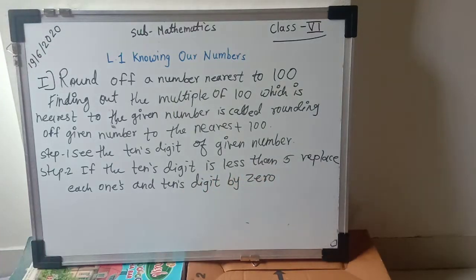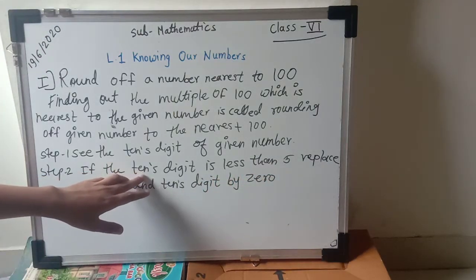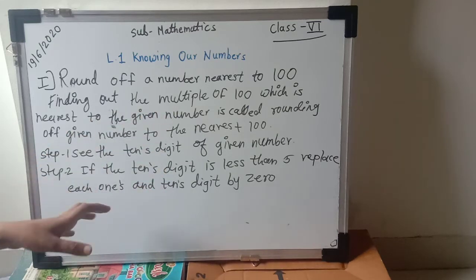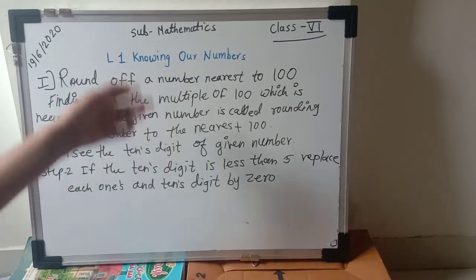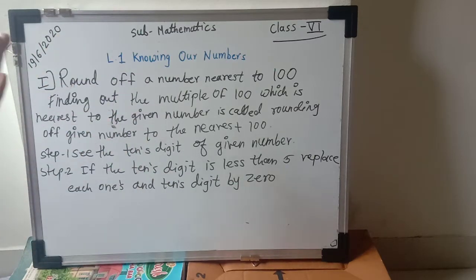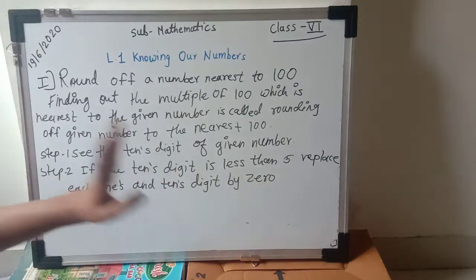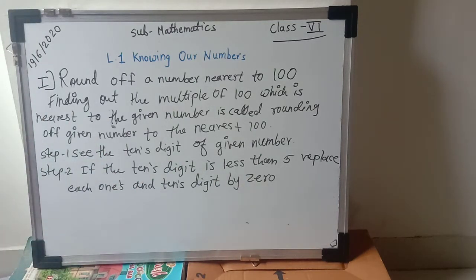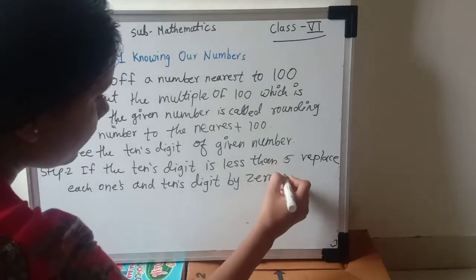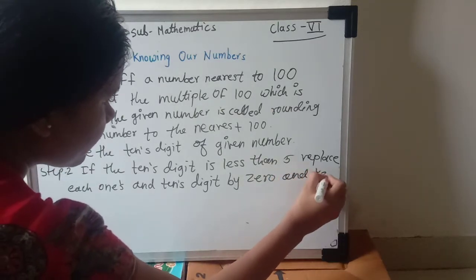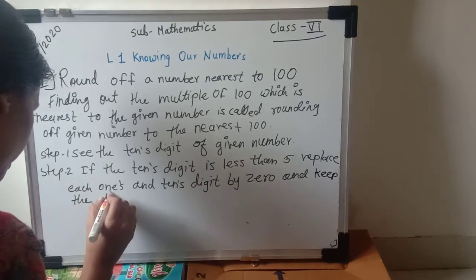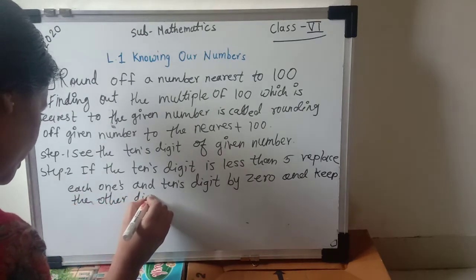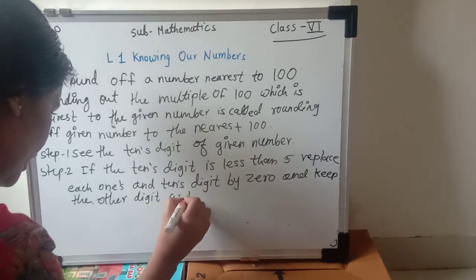When on the tens place there is a number less than 5, you have to replace both the tens as well as the ones digit by 0, and keep the other digits as they are.